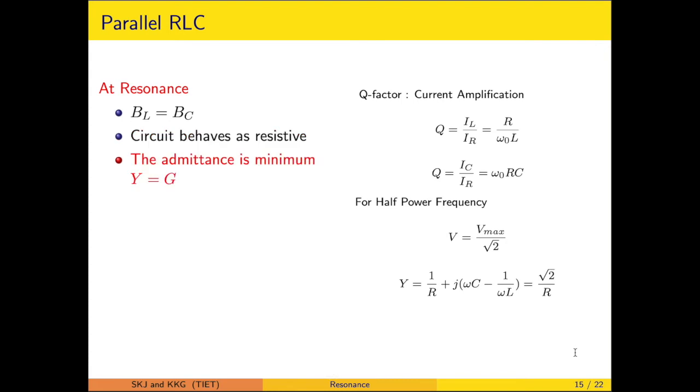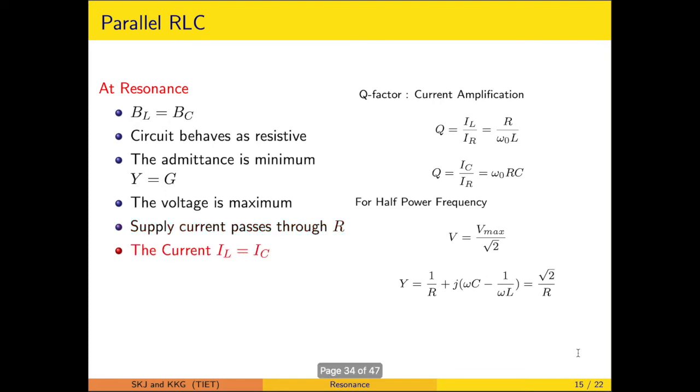The admittance is minimum, the voltage is maximum, and that value we have calculated as Im into R. Supply current passes through the resistance, and the current IL will be equal to IC. So when these two currents are identical, they cancel out each other at the resonance.